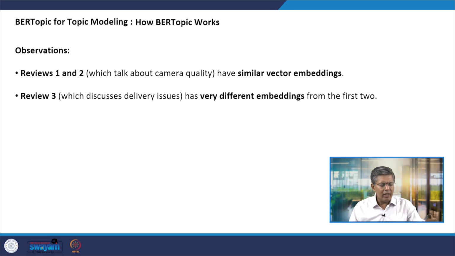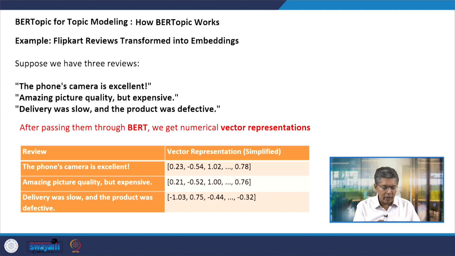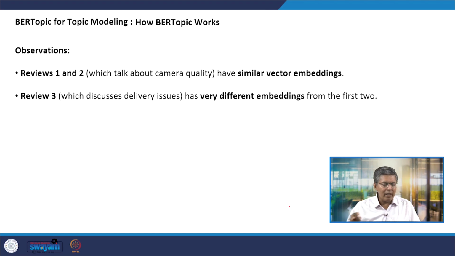Here, if you see these two, 0.23, 0.21, and this is 1.03, 0.54, 0.52, 0.75, 1, 1. Reviews 1 and 2 are closer in values, but 3 is different. Reviews 1 and 2, which talk about camera quality, have similar vector embeddings. Review 3, which discusses delivery issues, has very different embeddings from the first two.